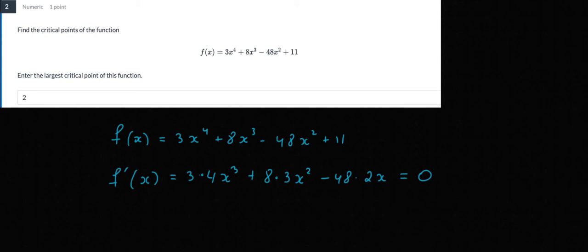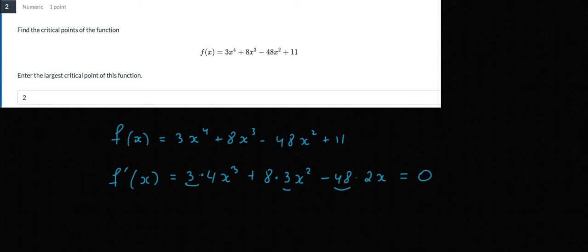Okay, to solve for x, we can try to factor out the left-hand side of this equation. There is a factor of 3 in the first term, in the second term, and also in the third, because if you think about it, 48 is divisible by 3.